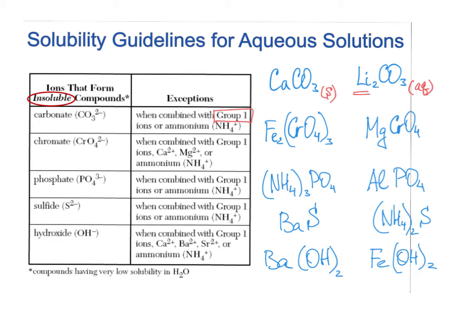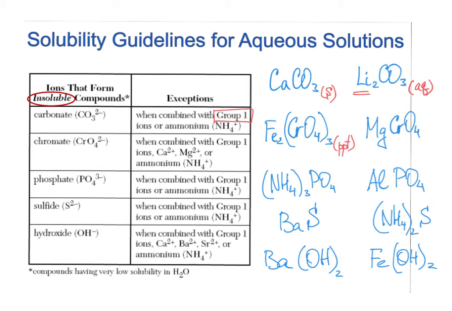Okay, how about this? Iron 3 chromate and magnesium chromate. Okay, chromate is right here, and now we need to check. The majority of chromates will be insoluble. So this is why we can decide on the iron chromate to be the precipitate, to form that insoluble compound.